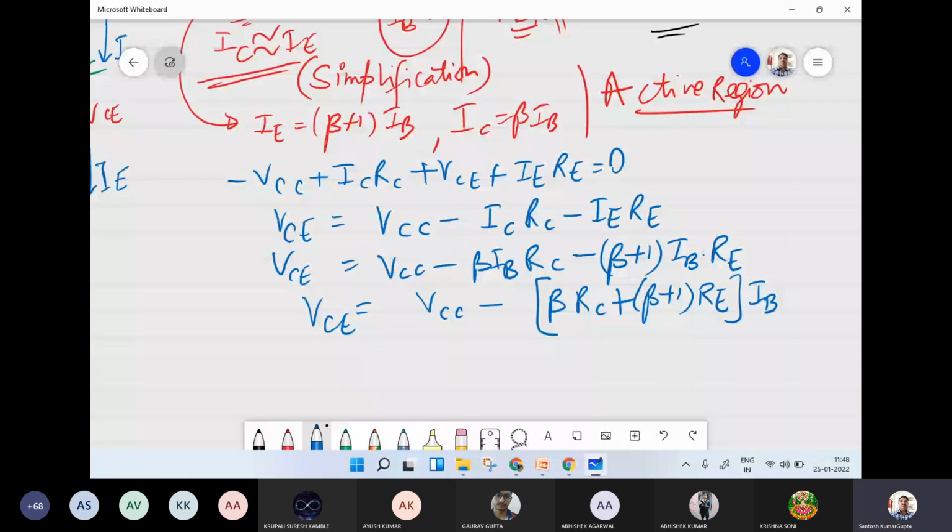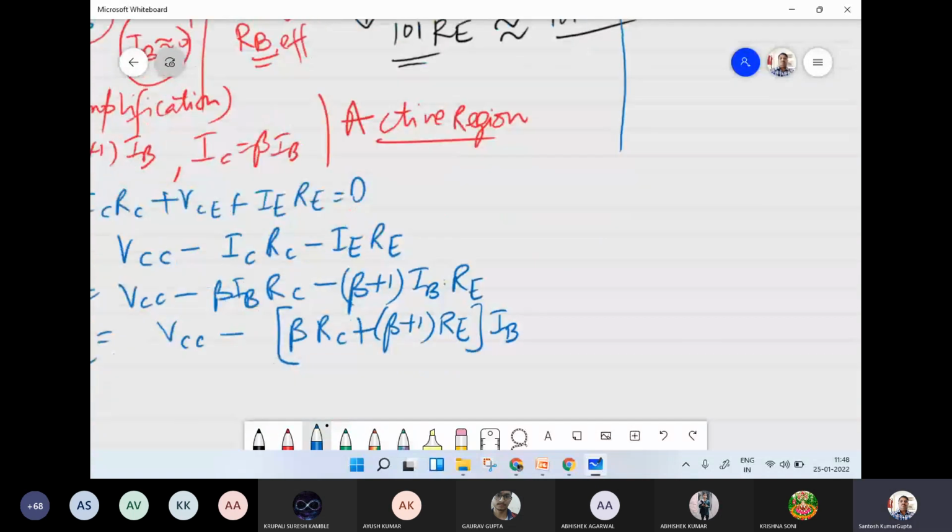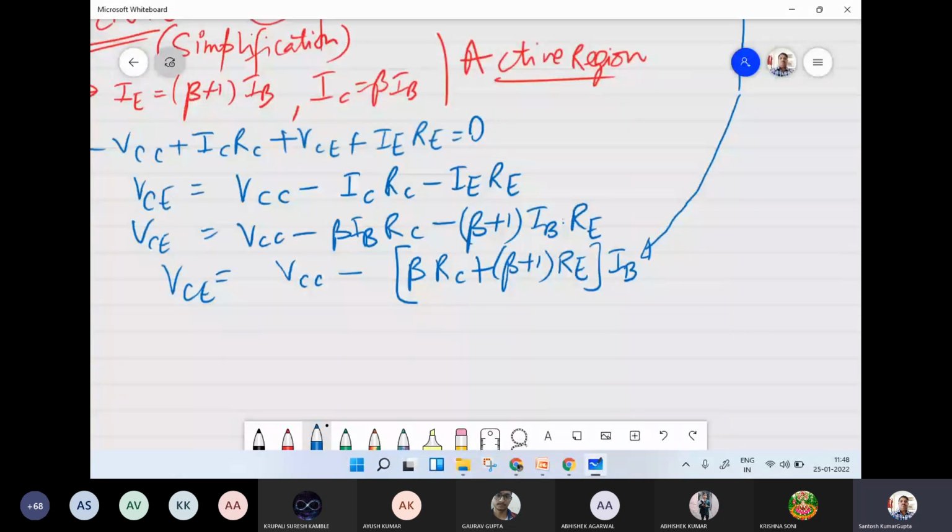If one wants, one can also substitute for IB here from this equation, or its numerical value already calculated can be substituted here to find the value of VCE.